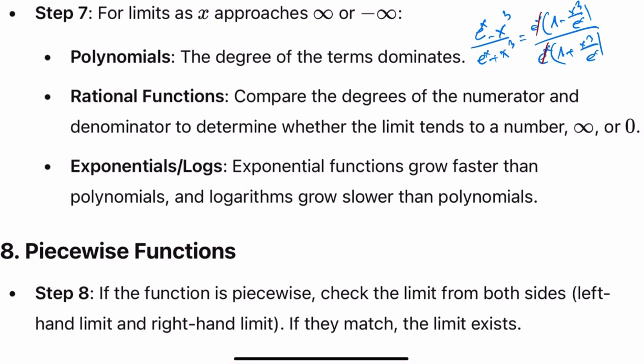As x approaches infinity, this term approaches 0, because the denominator causes the function to shrink very fast. So the whole thing goes to 0, and we will be left with just 1.